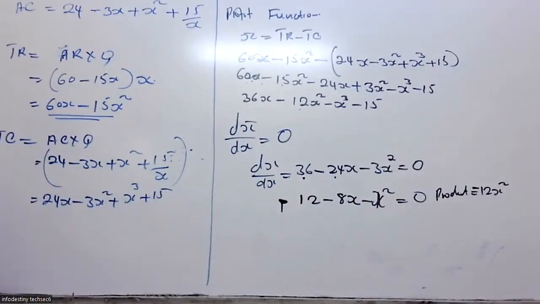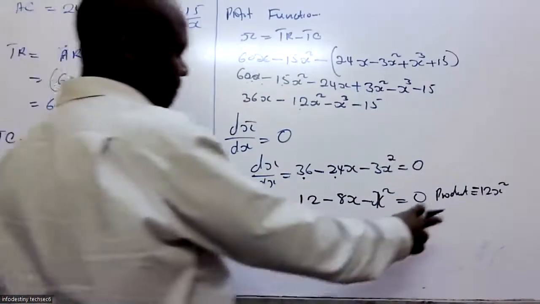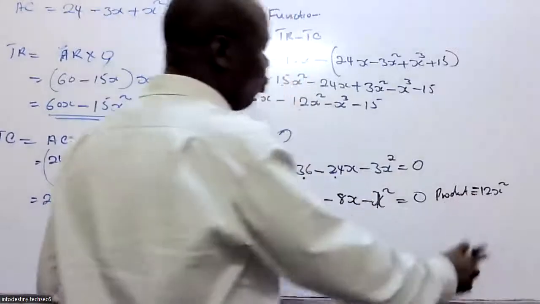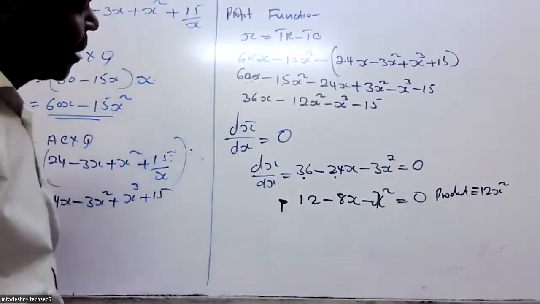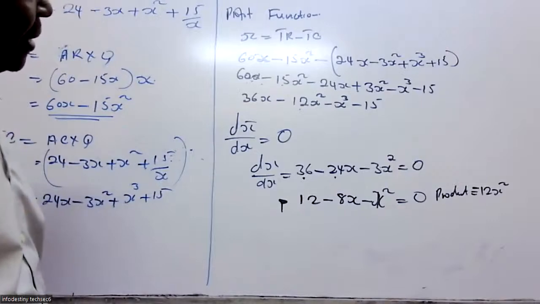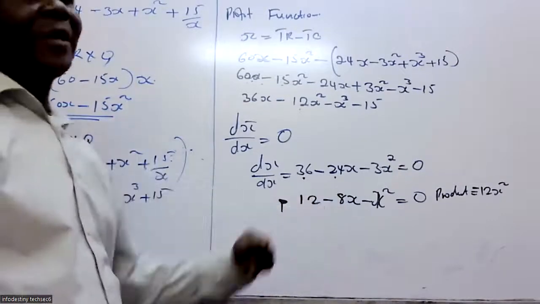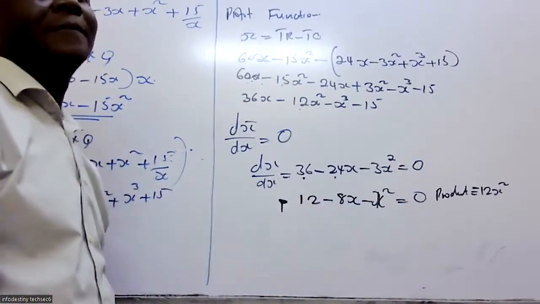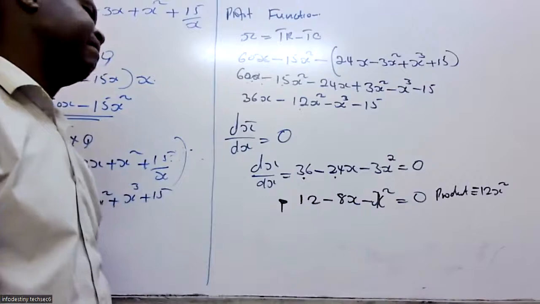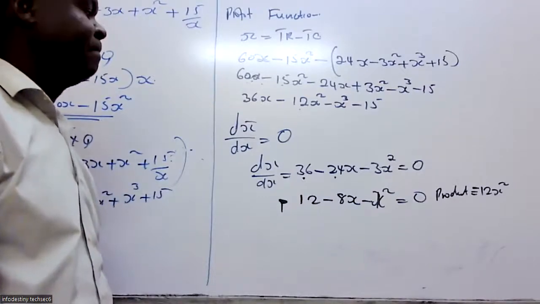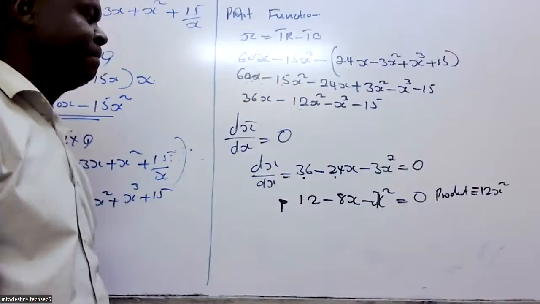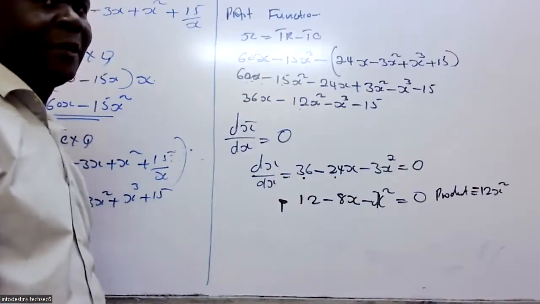When we multiply, it's going to give us this one. When we add, it's going to give us negative 8. Negative 6, negative 2.